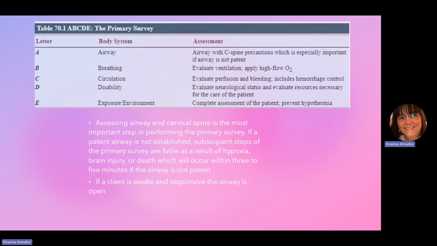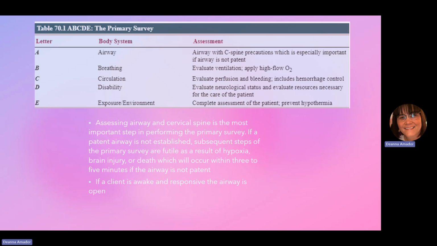Like I said, the purpose is a rapid survey to identify life-threatening conditions and simultaneously have some type of management of these conditions. So we know the ABCDs, and then the E stands for exposure or environment control.